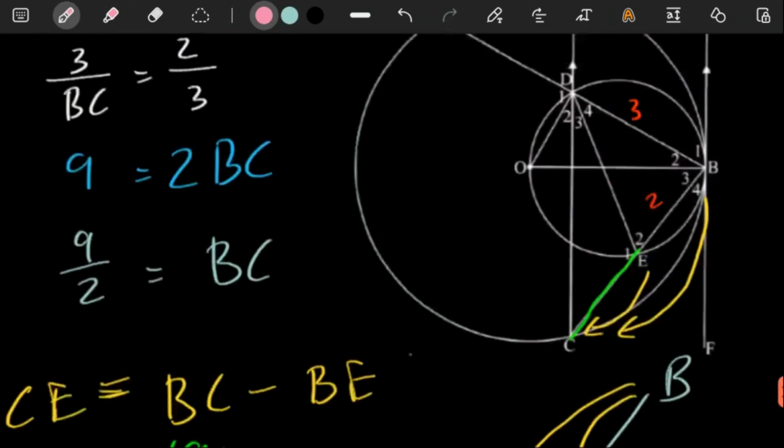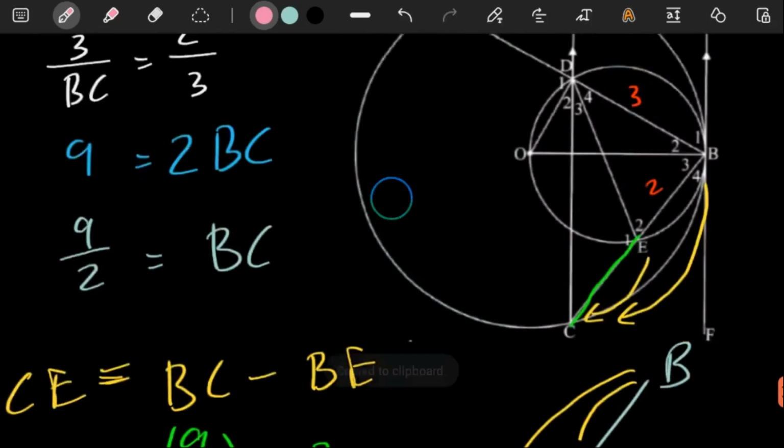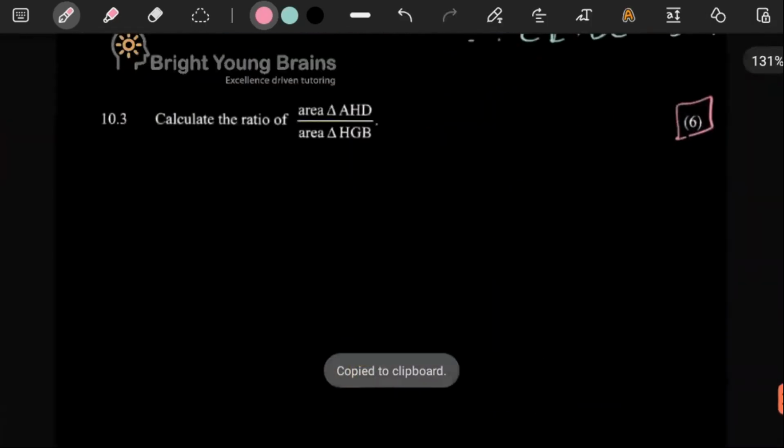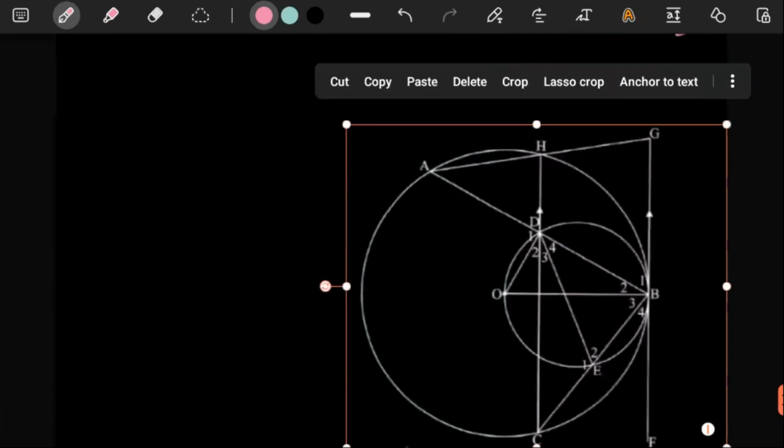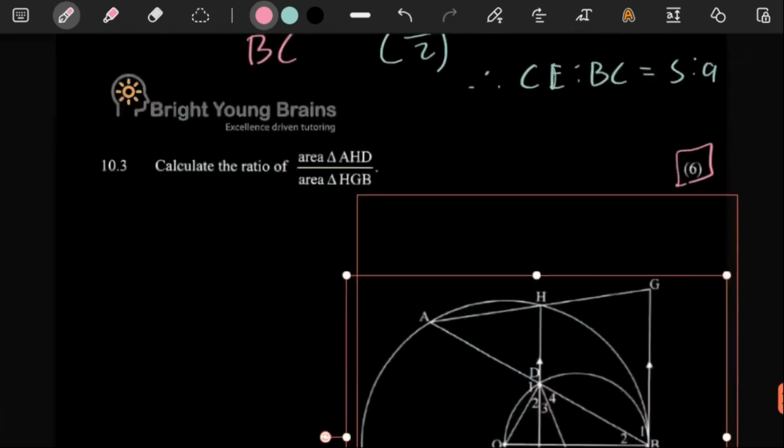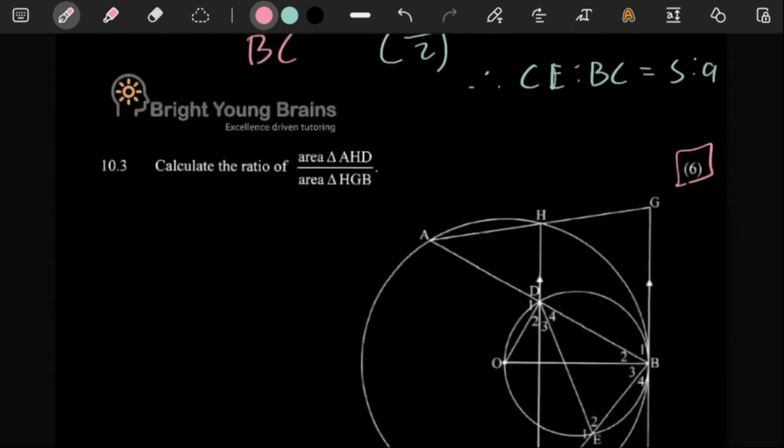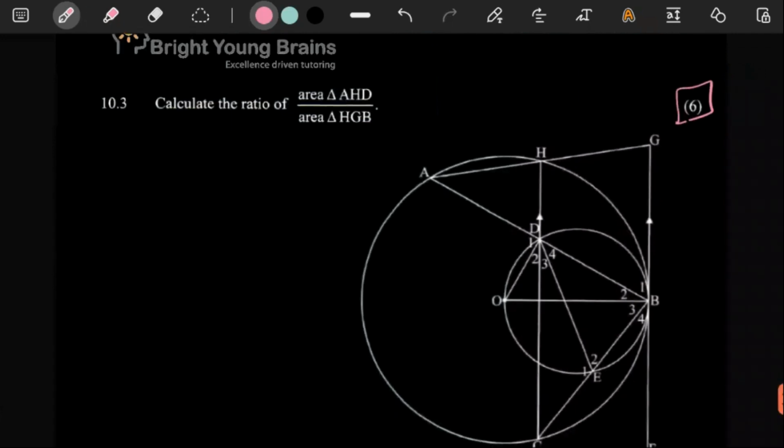And again, we want the sketch because whatever the sketch is, it's necessary for us to use it. So let's see here. It says here, calculate the ratio of the area of triangle AHD. Let's see what AHD is. AHD, there is A here, H there, D there.